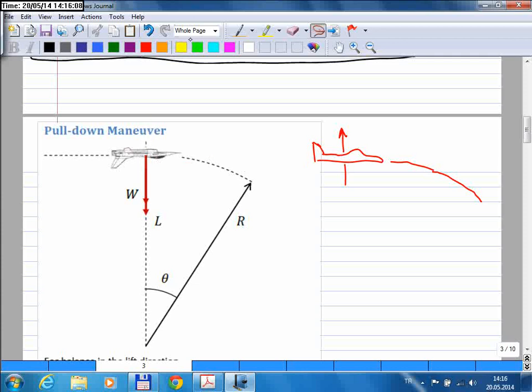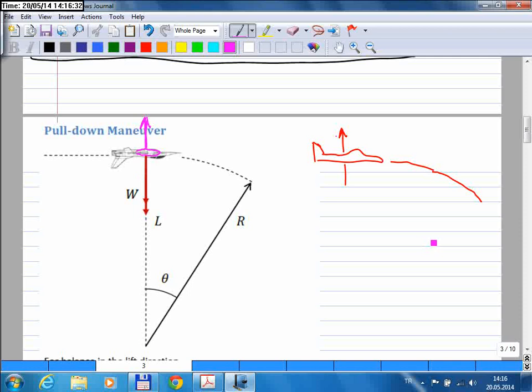For it to be able to fly like that, you should have a lift force like this, and that will require an airfoil here, right? Normally the airfoil will look something like this if you have a cambered airfoil. So the airfoil should be able to create a force in the opposite direction, and you can do that if you fly at a negative angle of attack, right?